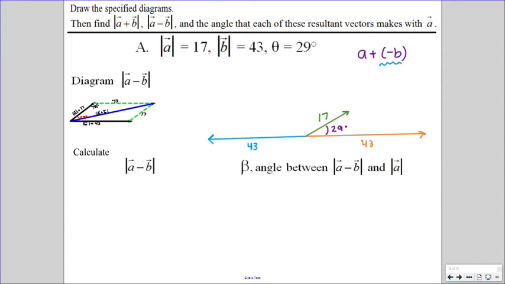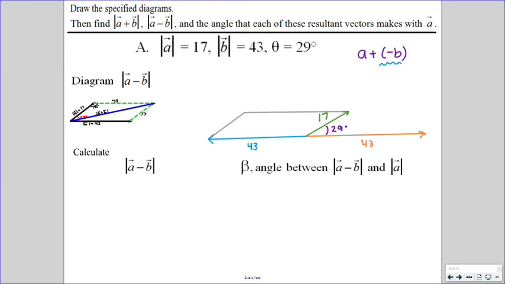It's just a different direction. I'm not changing anything about the magnitude to get the negative vector, we just changed the direction. So then if I construct a parallelogram with these two vectors, that negative b vector and my a vector still, it's going to look something like this.